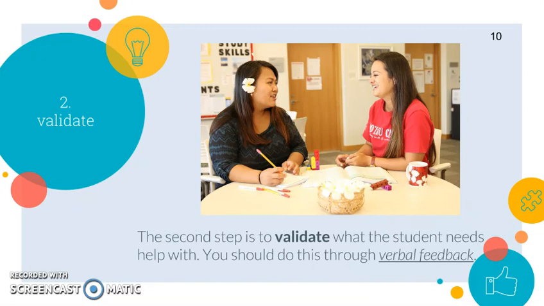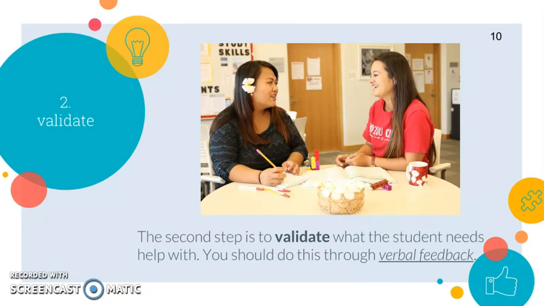Rebecca might also say, but I'm really having a difficult time because I'm so worn out with video games, or I'm just not really sure where to find this research, or I don't know how to create a thesis statement. So Lehua, in the validating stage, should provide some verbal feedback.